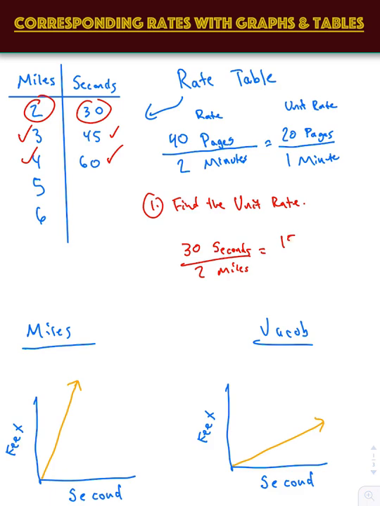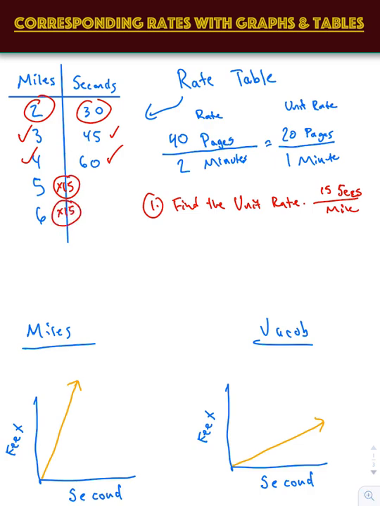And this equals 15 seconds per mile. My unit rate is 15 seconds per mile. Okay, now that I have that, I can just multiply times 15 for my remaining figures. So find the unit rate and multiply horizontally.